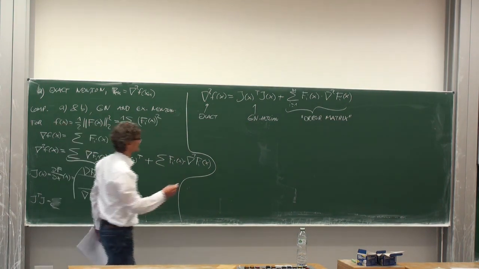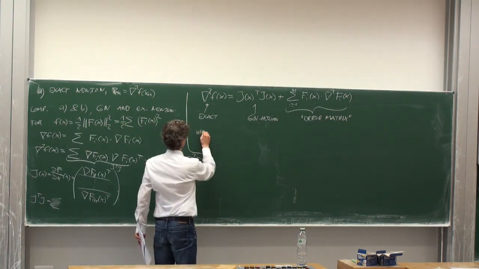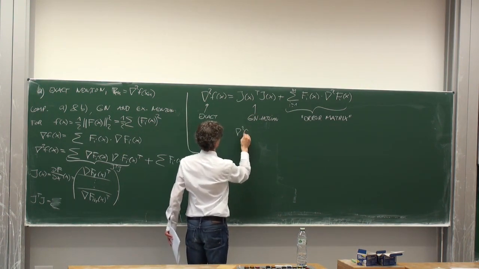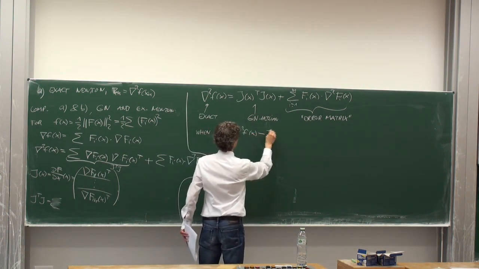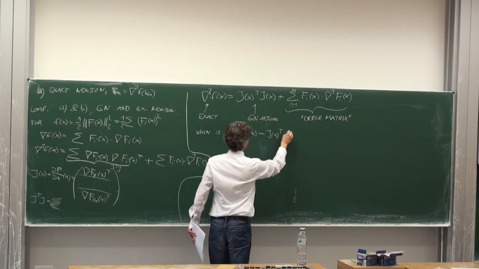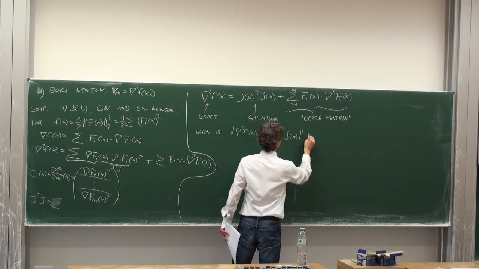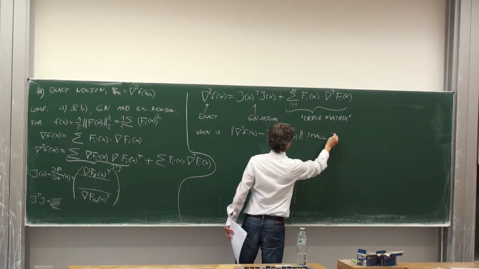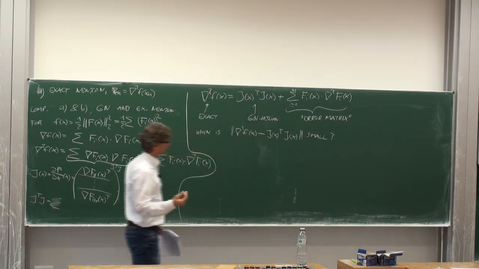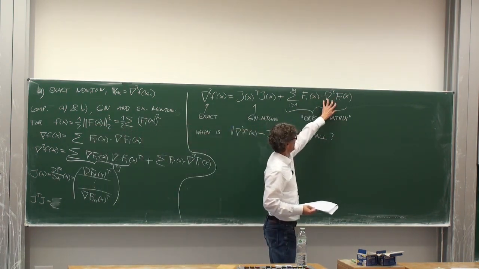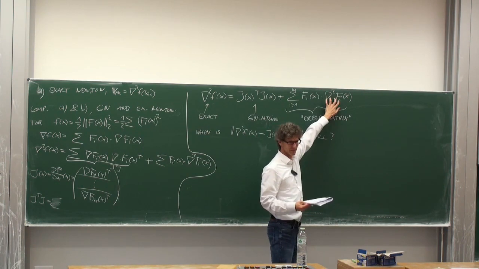So when is this matrix small? That's the error matrix. If you look at it, it consists of two terms, and each of them can be small. Either this is small or that is small, or both are small.